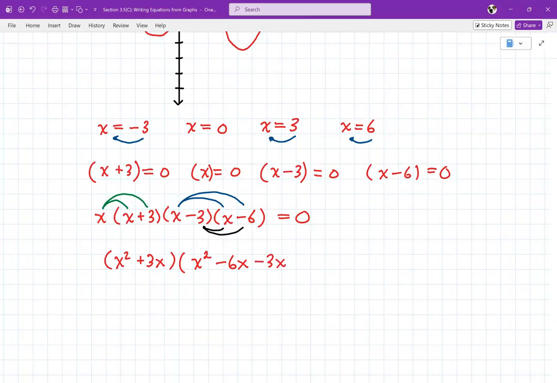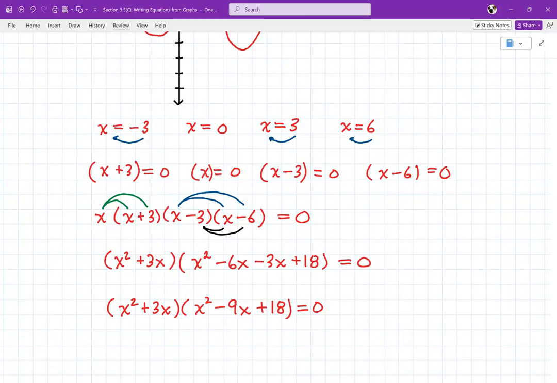And negative 3 times negative 6 is positive 18. Equals 0. Let me clean up the right side a little bit. So this is going to be x squared plus 3x, and then inside that big parenthesis, we have x squared minus 9x plus 18.